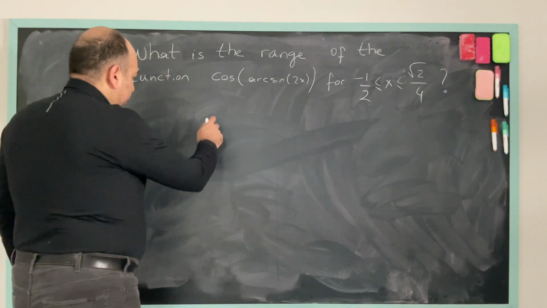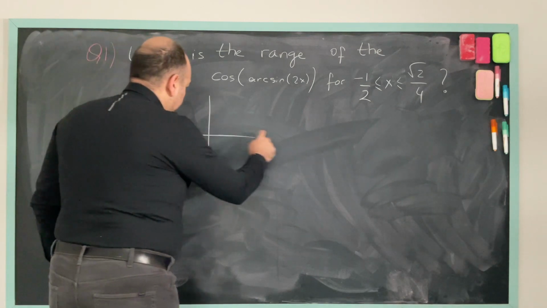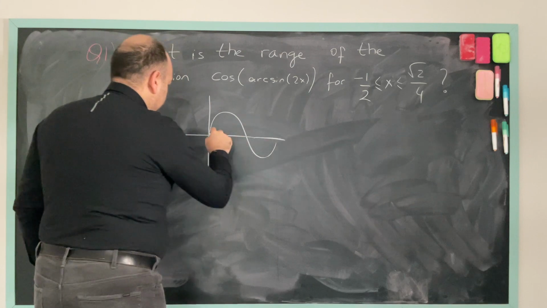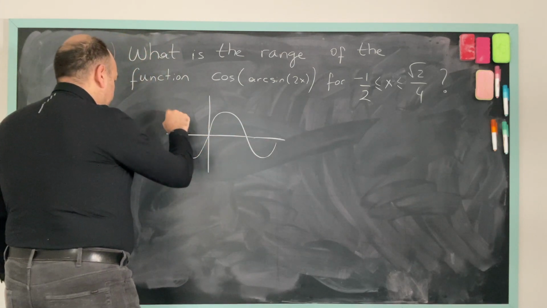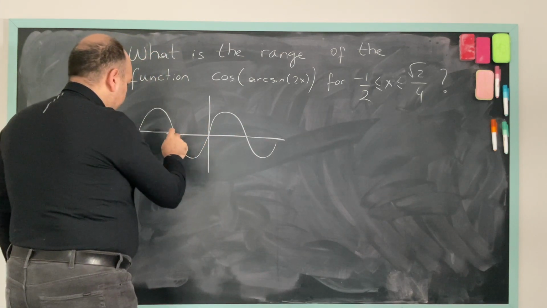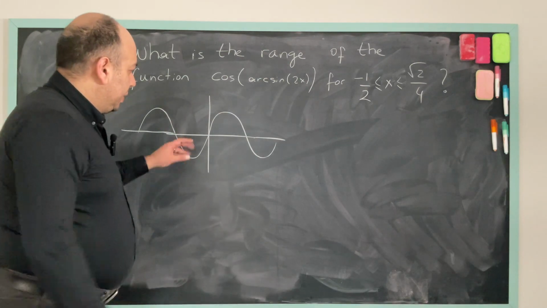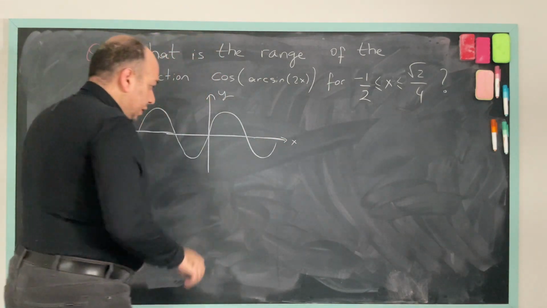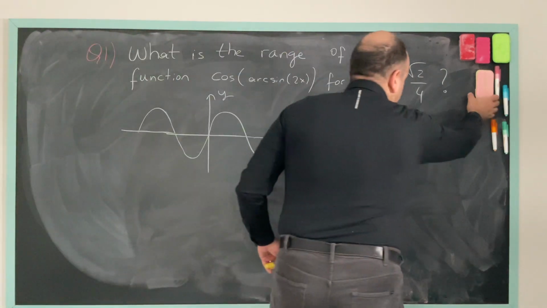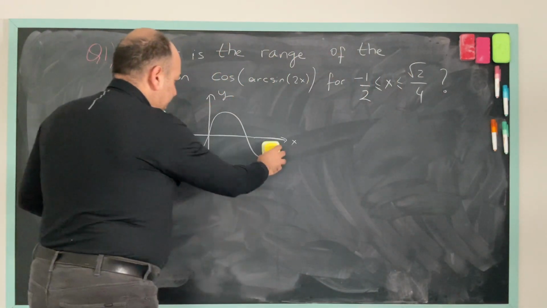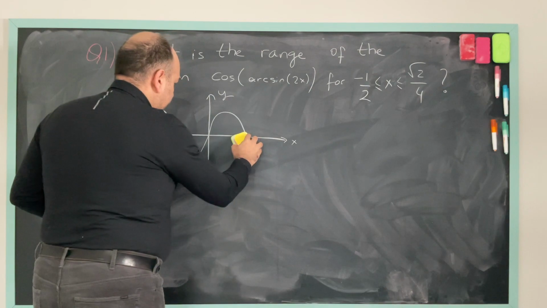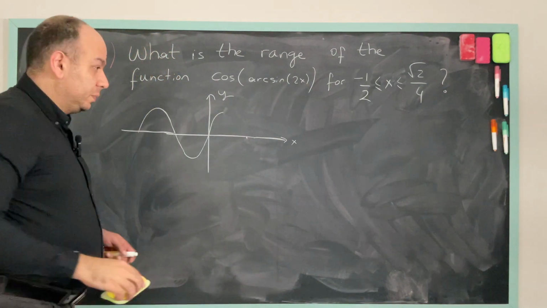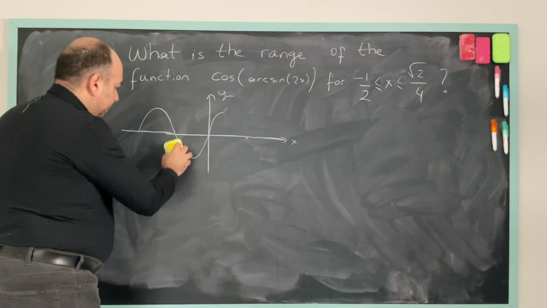So in order to give you a quick overview, this is our sine function, right? So this is how the sine function looks like. In order to be able to find its inverse, we limit the domain of this function so that it becomes one-to-one and onto, so it's invertible, right?